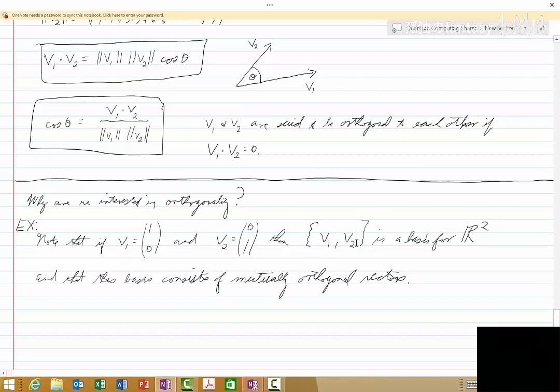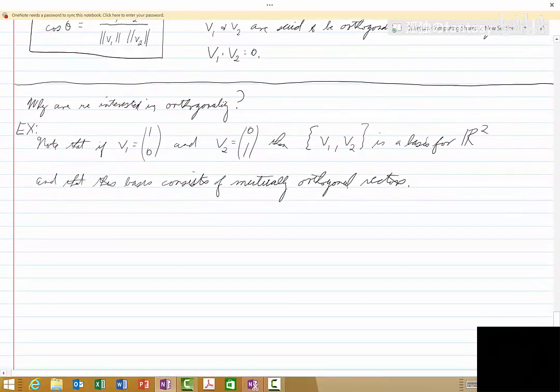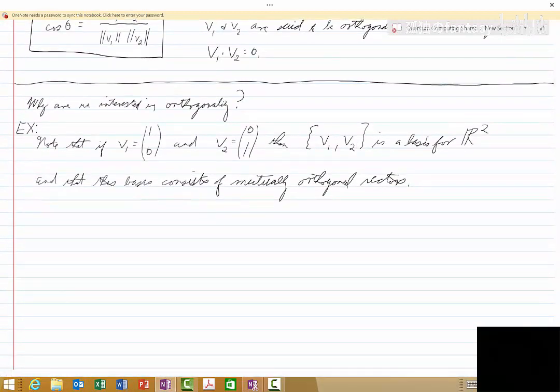Now, why is that useful? Well, in order to understand why it's useful, I need to get another basis in which that's not true, and then you can see which one is more convenient to use. So let's come up with another basis.